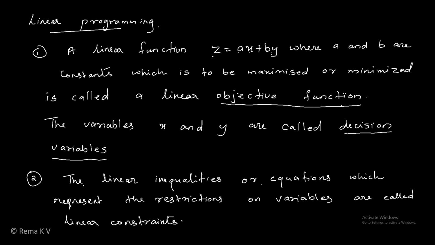See, this is the objective function which we have to maximize or minimize. Some conditions must be given to us for these variables. The variables have to satisfy some conditions, and that conditions may be as inequalities or equations. They are known as linear constraints.